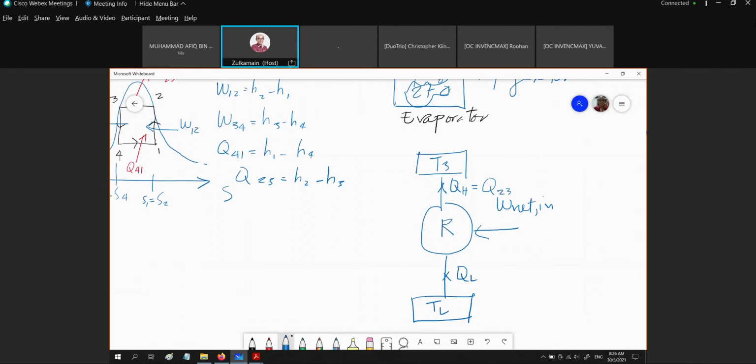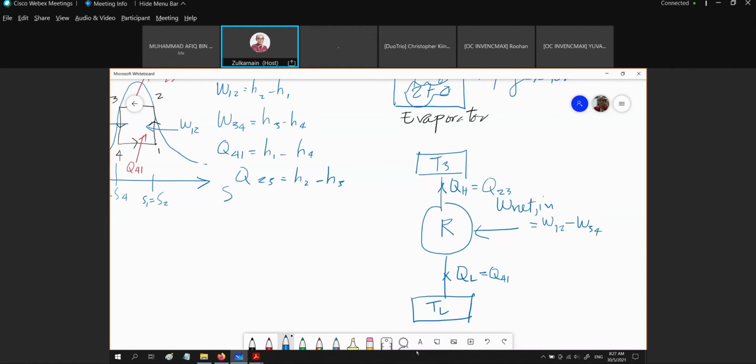This QL is equivalent to Q41. And this W net in is equivalent to W34 minus W12. Or if you want a positive sign for this W net in, then we could write W12 minus W34.